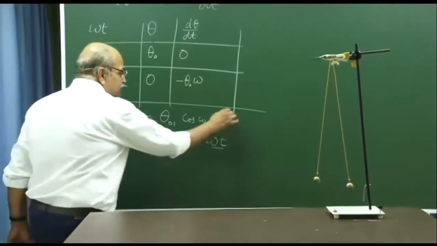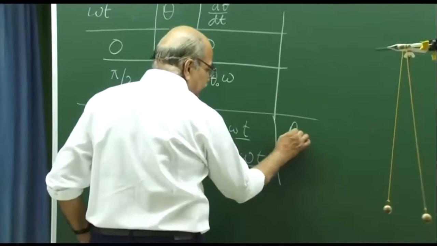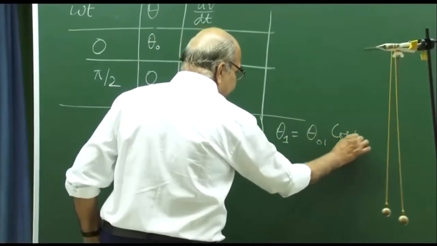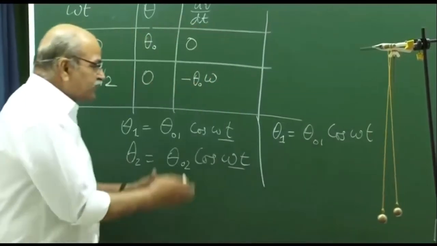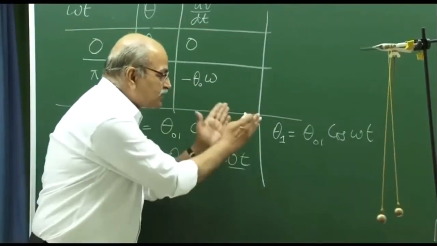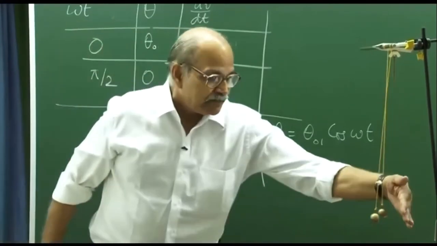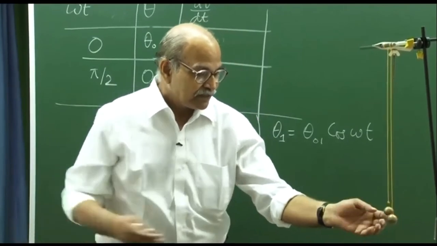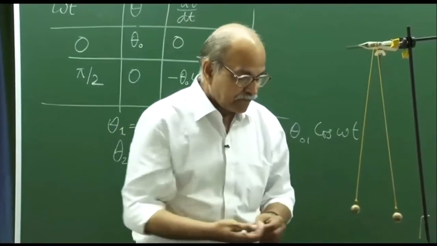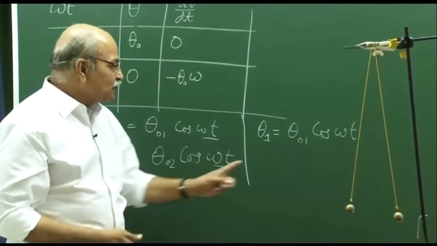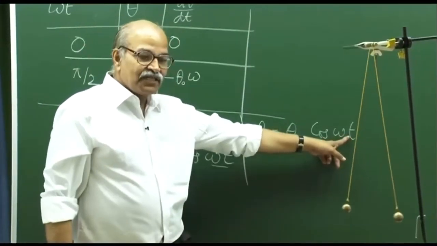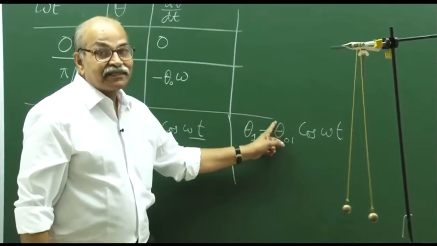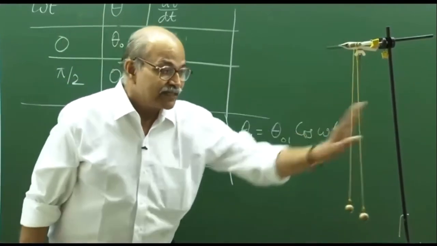So if I still say that my first pendulum, the front pendulum, is given by some amplitude cos omega t, and with the same t equal to 0, the same theta equal to 0, if I want to describe the rear pendulum, what happens? At t equal to 0, the first pendulum is at its positive extreme, at its left extreme.